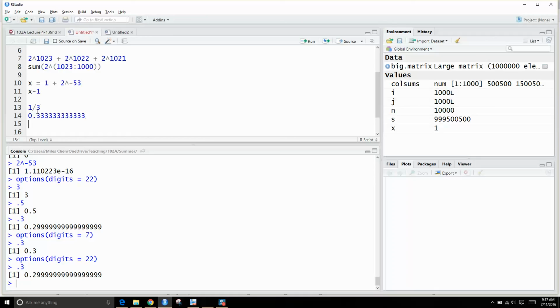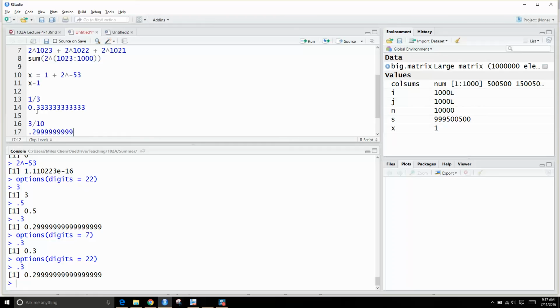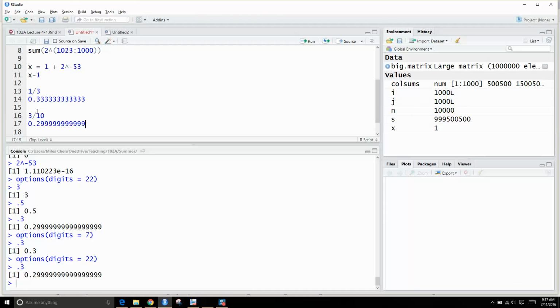And so basically we're asking the computer to store 3/10 in binary notation, and the best it can do after going into binary and then converting it back to decimal is storing it this way, okay? So when we ask the computer to store 0.3, it goes from 0.3 into binary, and then when it spits it back onto the screen, it takes that binary representation and turns it back into decimal representation.